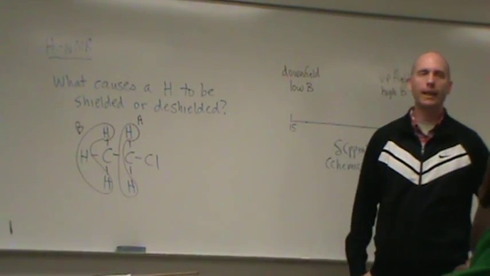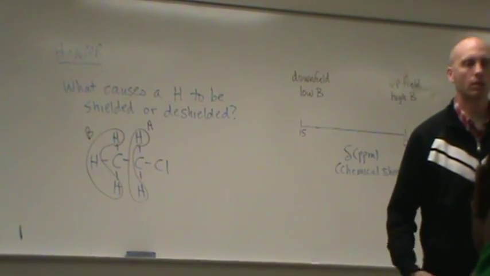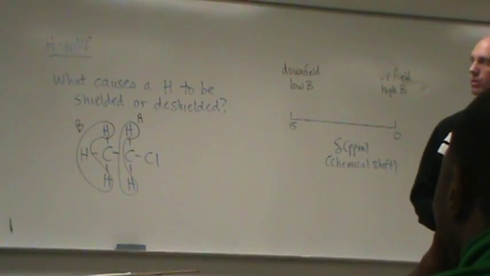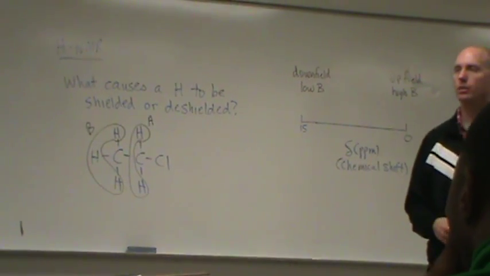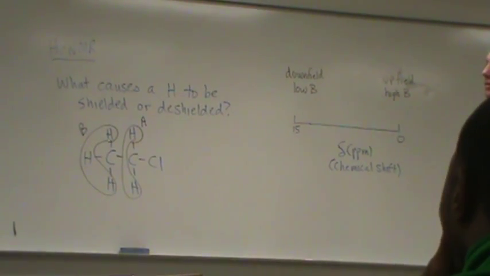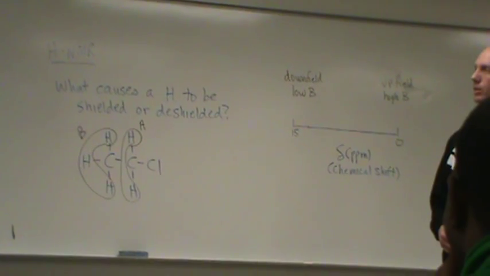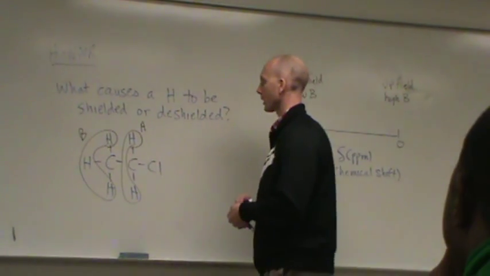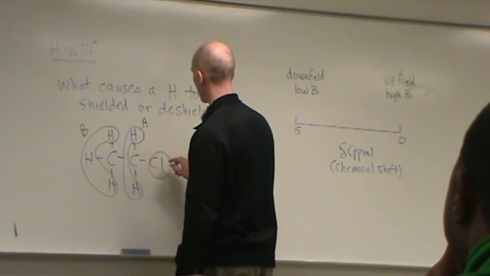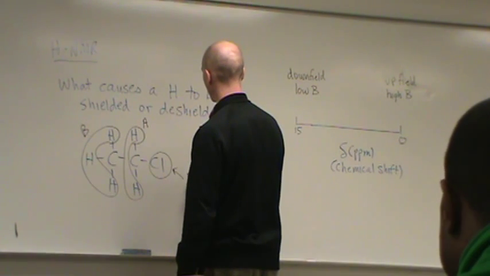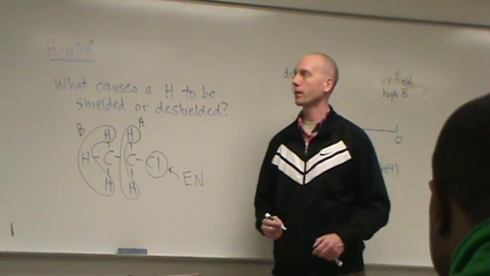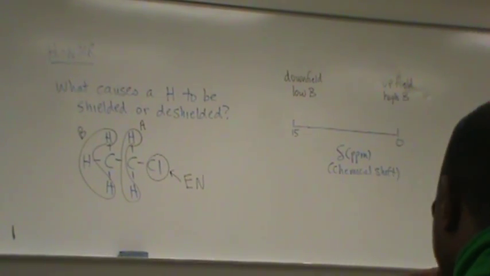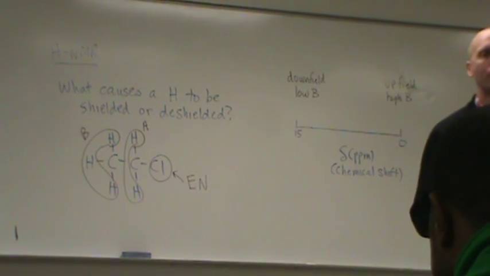Well, what extra atom is in there? That chlorine. What can you tell me about chlorine? Give me a fact about chlorine. Okay, yeah, it has 7 valence electrons, and yes, it is pretty electronegative, as it's right under fluorine, the most electronegative. So if it's electronegative, what does that mean that it's doing?